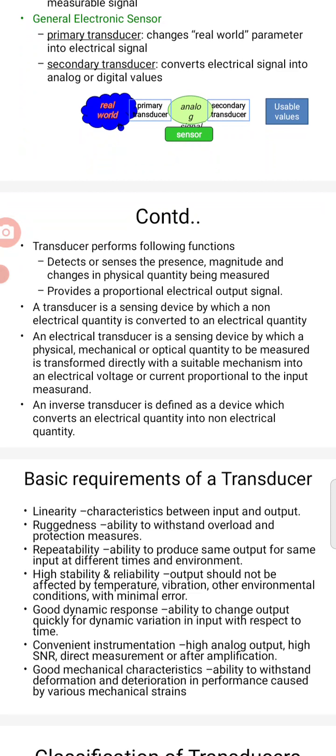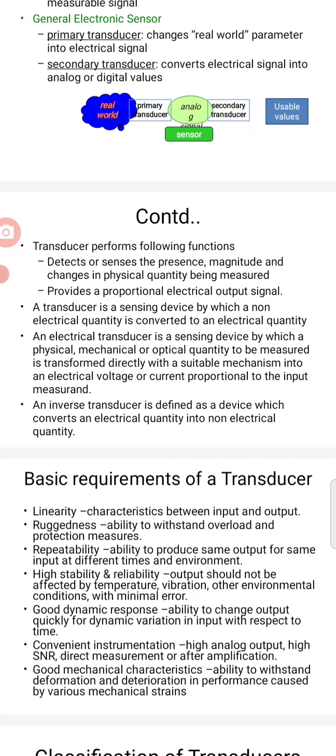Coming to the requirements of a transducer, that means a transducer should have some specifications to select a particular transducer for a particular application, in which the first requirement is linearity. Linearity is nothing but where the characteristics between the input and output are linear. The second requirement is ruggedness.